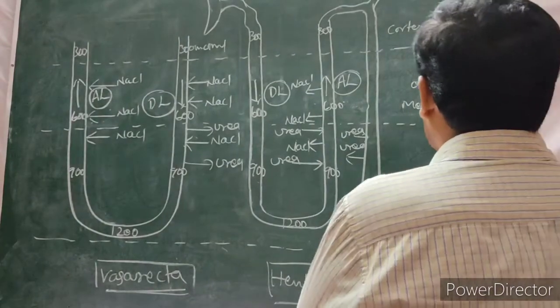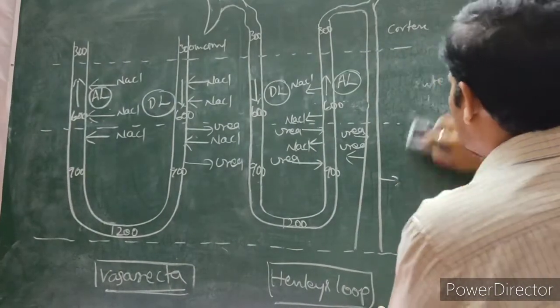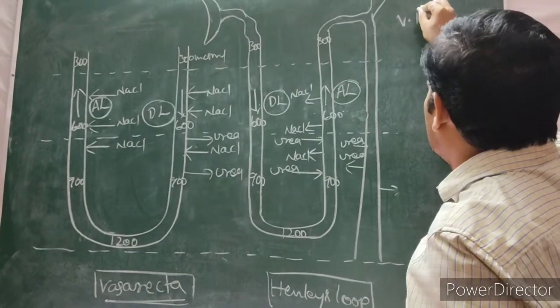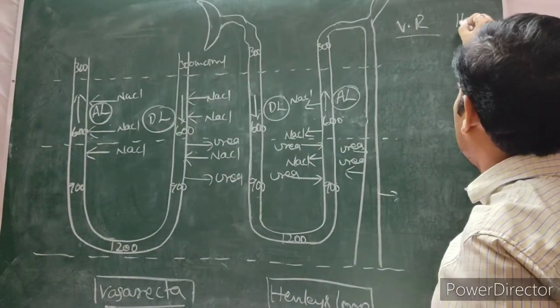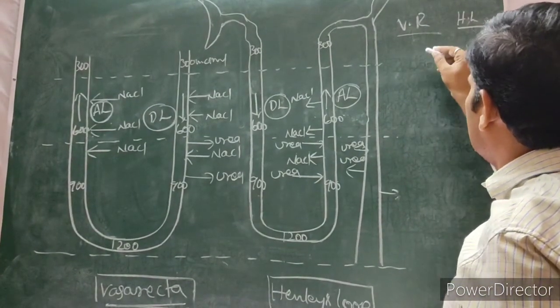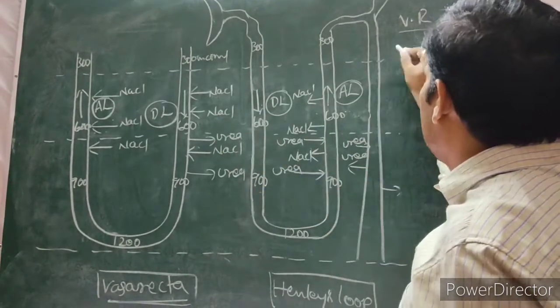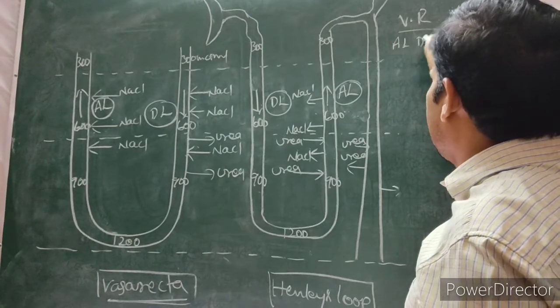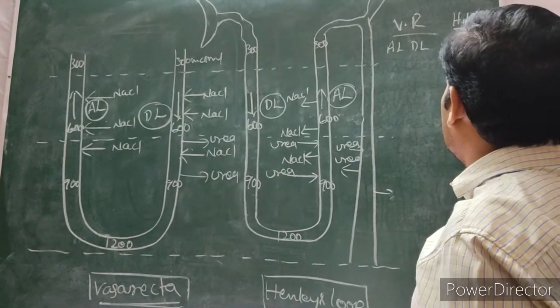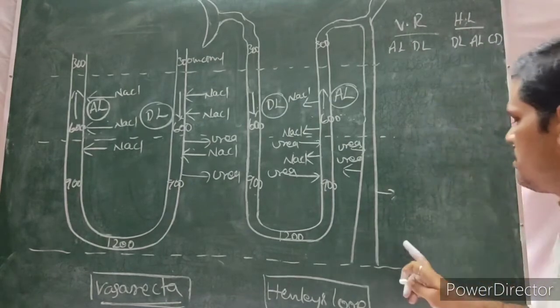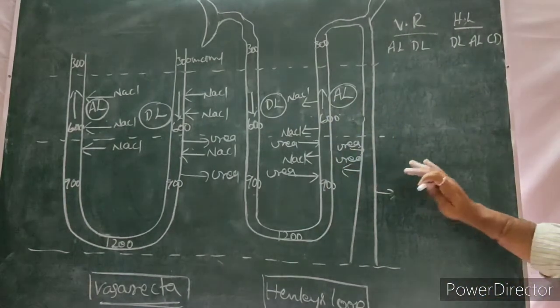So, see here, the vasa recta and Henle's loop. The vasa recta has an ascending limb and a descending limb. Here Henle's loop has a descending limb, an ascending limb, and then the collecting duct. These are the parts.